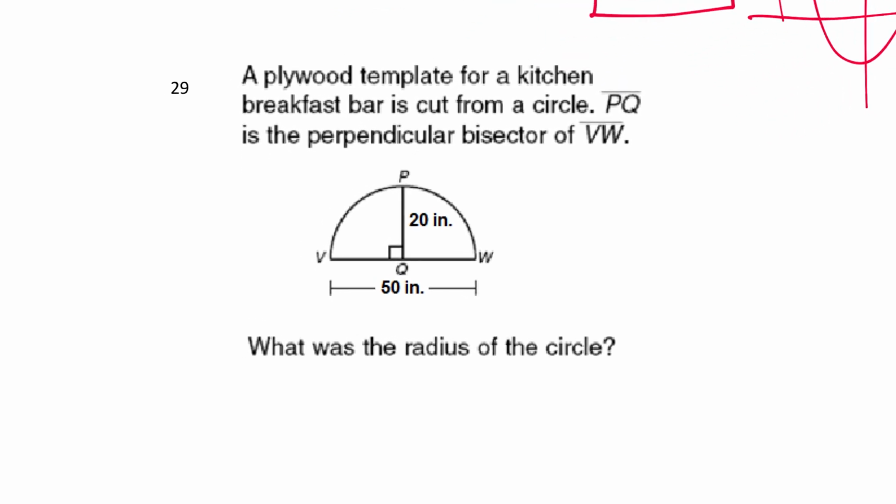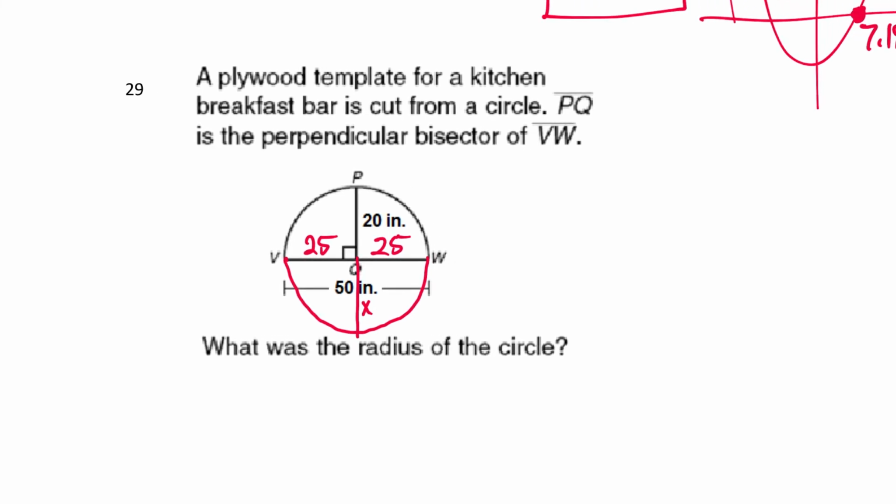On this last one, here's what I'm going to do, I'm going to complete this, and this is going to look like trash. I'm going to do my best, but I'm not going to be able to do it good enough. Okay, so we're going to say this is x down here. And so this gets cut in half, 25 and 25. So if you remember the relationship on this, it's going to be 20 times x equals 25 times 25.